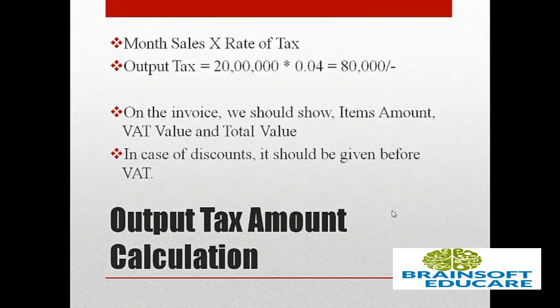Means here purchase item amount or total amount needed to build the product, and if we include VAT tax which is 0.04%, then amount will be 80,000. On the invoice we should show items amount, VAT value and total value. In case of discount, it should be given before VAT.